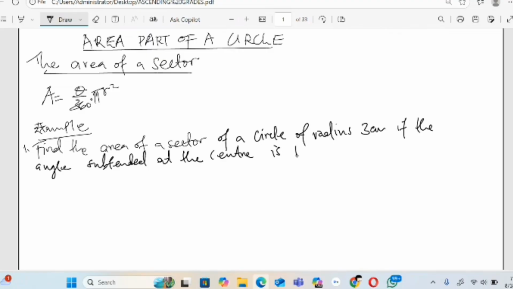You can take pi to be equal to 22 over 7. So this one, we simply apply the formula directly.